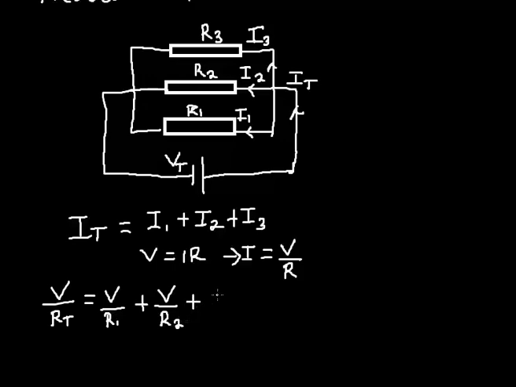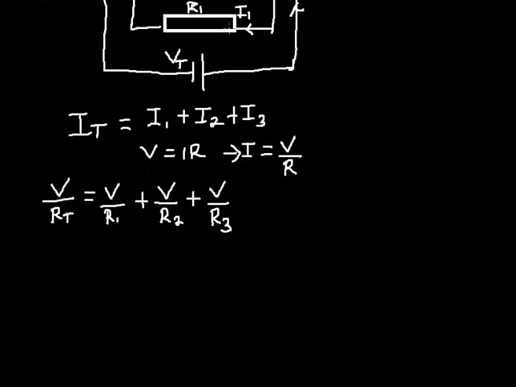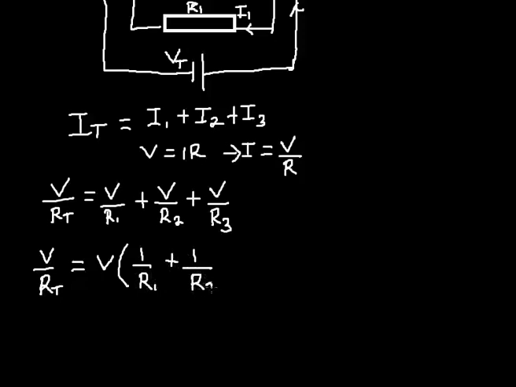For I3, that's V all over R3. V is common, it's the same. So I factorize the V since it's a common factor. I take the V out, and the factor left is 1 all over R1, plus 1 all over R2, plus 1 all over R3.